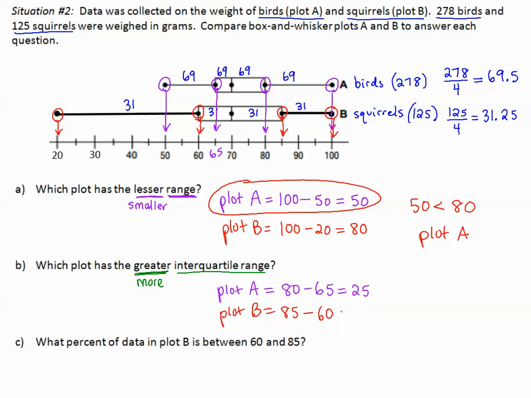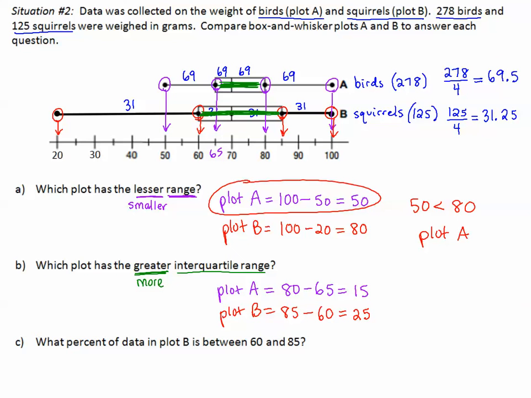And 85 minus 60 is 25. Oops, I just realized that this is not 25. Silly, that's 15. Of course, plot A has a smaller interquartile range because see how the box is shorter than this box?